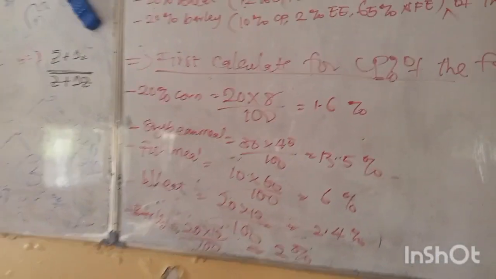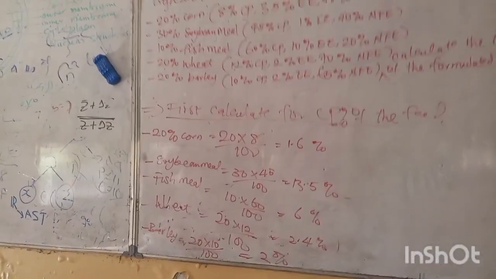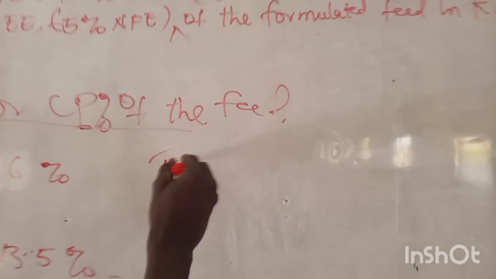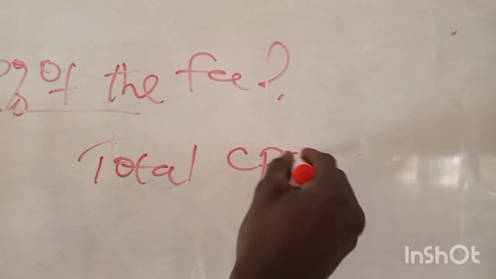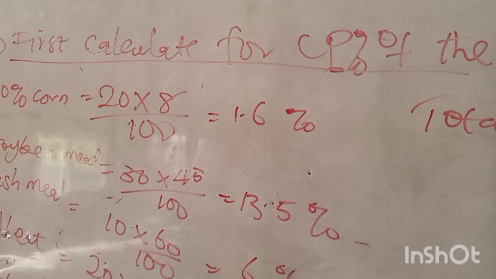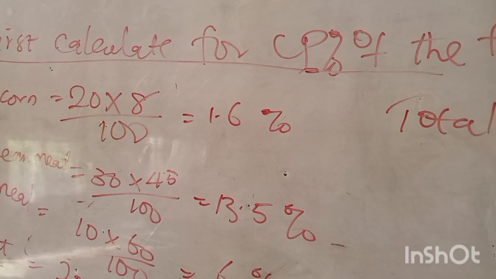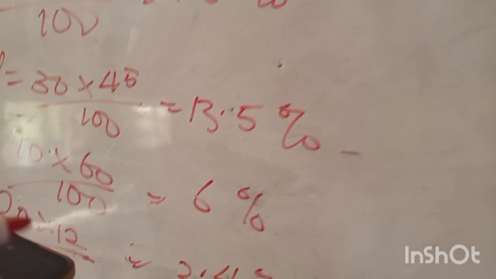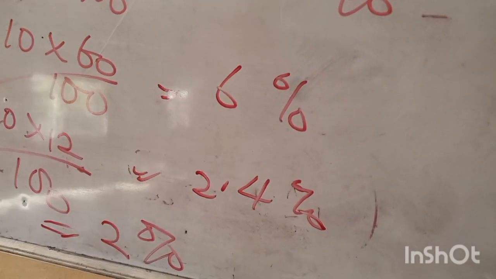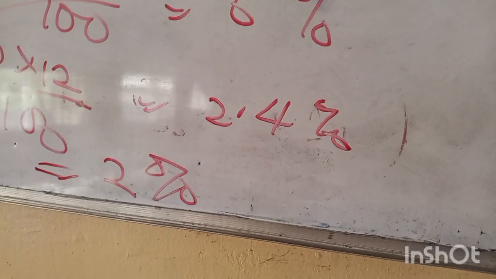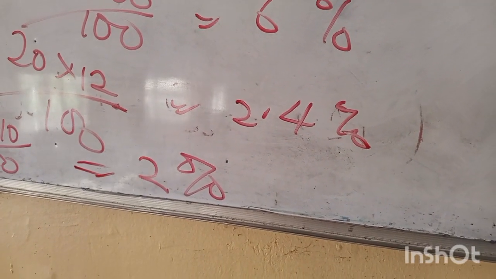So now we are going to generate the total for the CP percent. That means, what are we going to do here? We say 1.6 plus 13.5 plus 6 plus 2.4 plus 2.